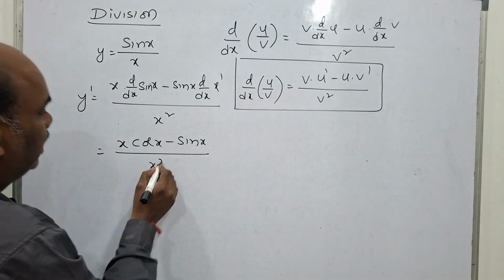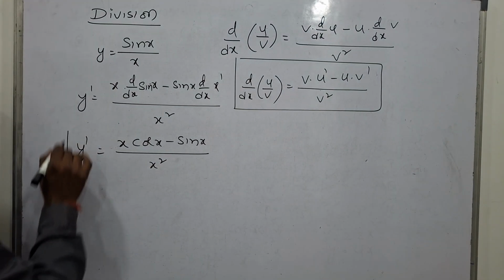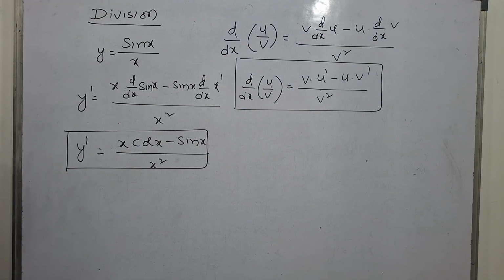So x square is the denominator. This is the differentiation of the given function. Very important: differentiation of u by v is v into u dash minus u into v dash by v square.